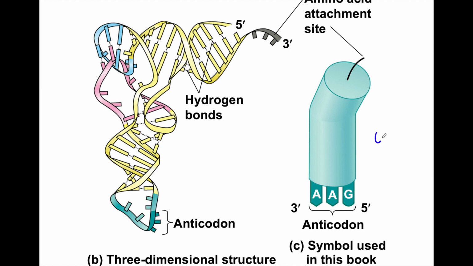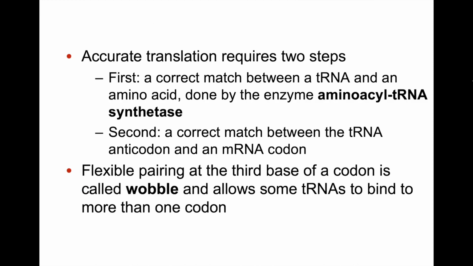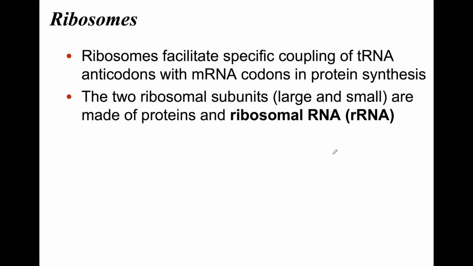So for example, UUC and UUG might code for the same amino acid. A lot of times the third base in the codon is not as important, and there's a funny word for that: it's called wobble. Wobble refers to the fact that oftentimes the third base in the codon is not as important, and that accounts for a lot of the redundancy in the genetic code.